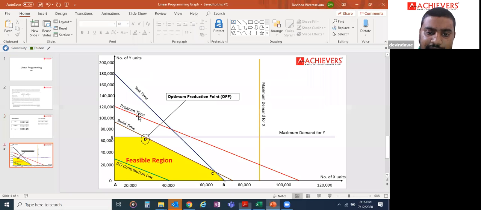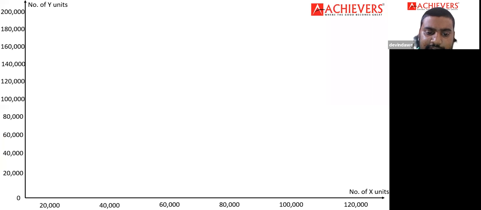So I want you all to change the graph into this scale: y-axis, number of y units, x-axis, number of x units. 20,000, 40,000, 60,000, 80,000, all the way up to 200,000. That's the y-axis. X-axis, again 20,000, 40, 60, all the way up to 120,000. So change the scales of this, guys, right? Do it quickly.